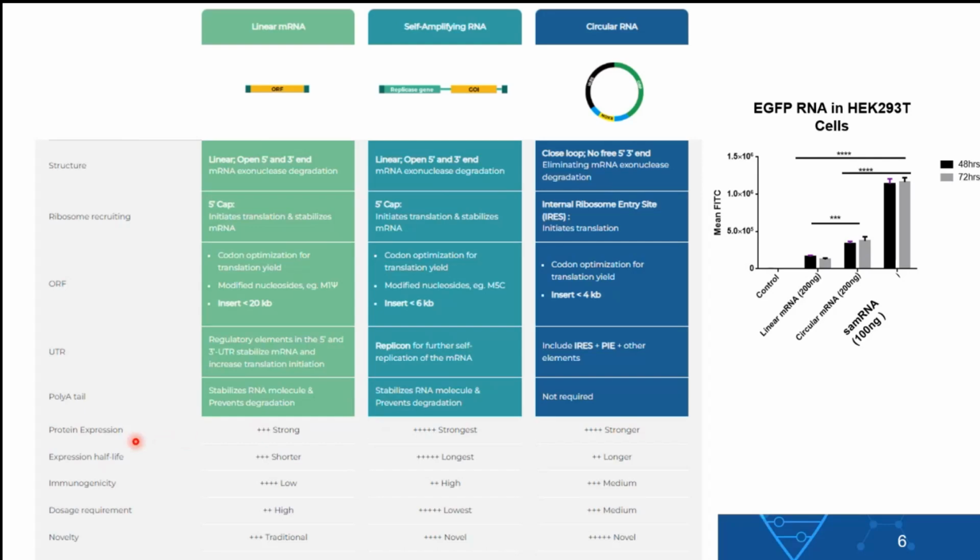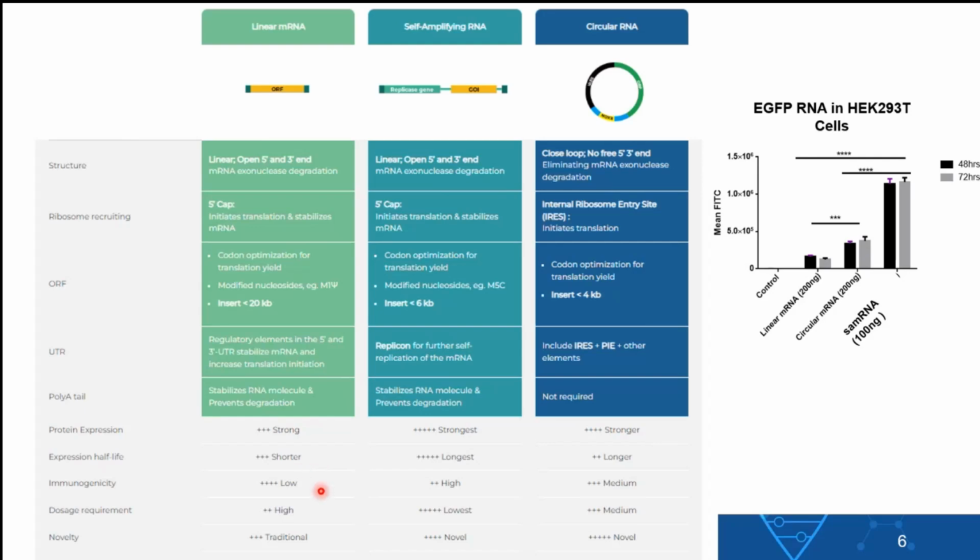And let's see the protein expression. Self-amplified RNA, or saRNA, has the strongest protein expression, and the circular RNA is stronger, and this linear one is just strong. We give it strong. And for the expression half-life, saRNA has the longest half-life, and this circular one is the second, and the linear is the shortest.